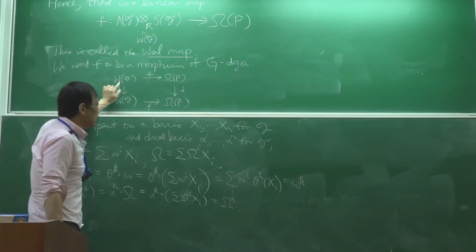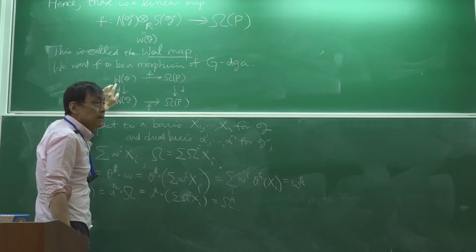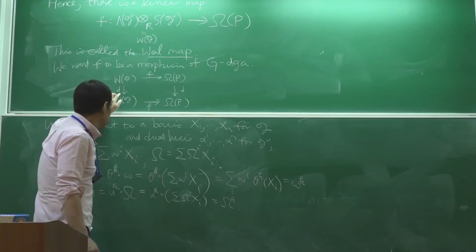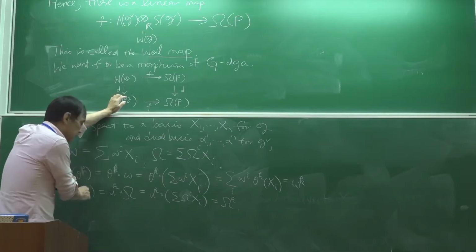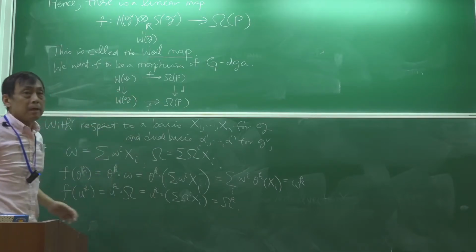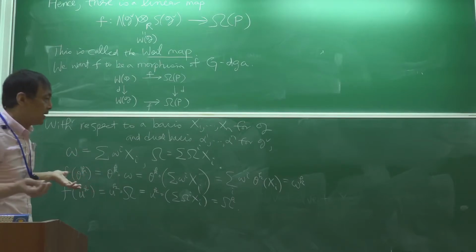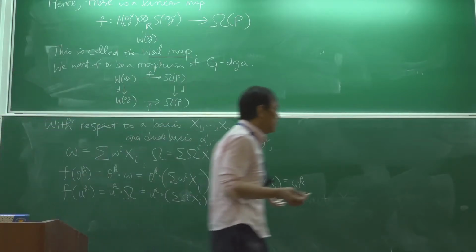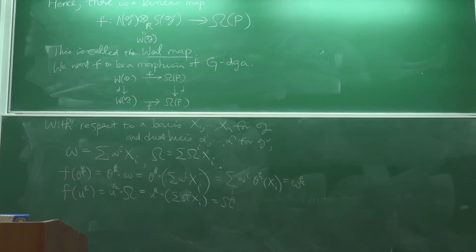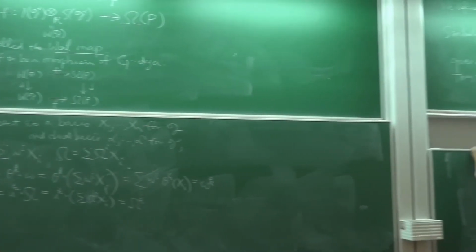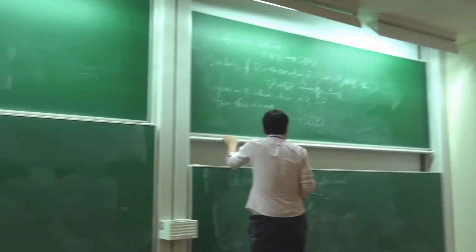Now to define the exterior derivative, you just have to define it on the generators. Then you extend it as an antiderivation. So I have to know how to define d theta k.